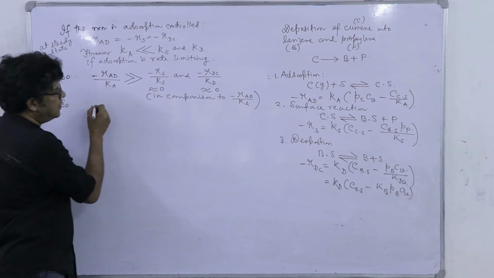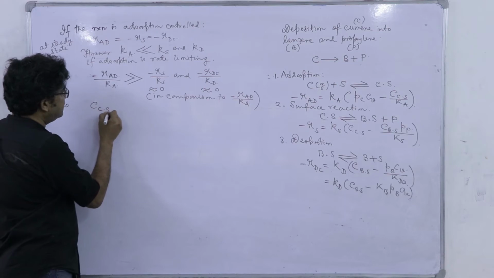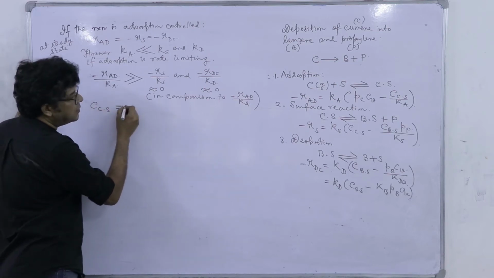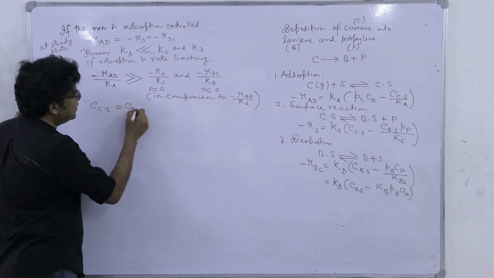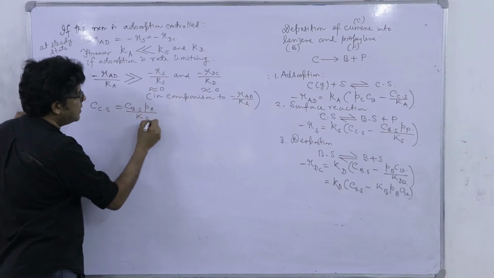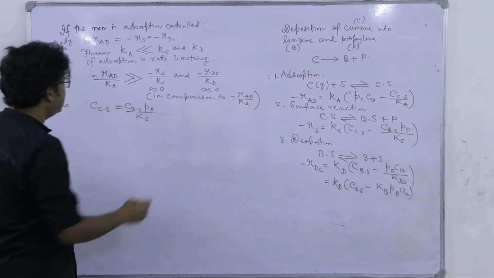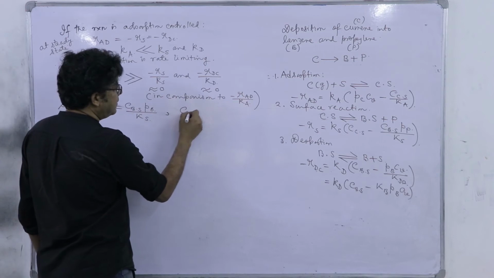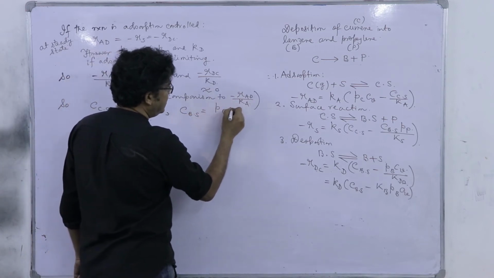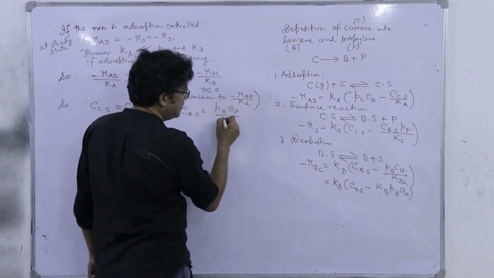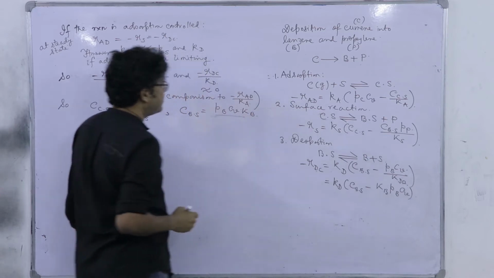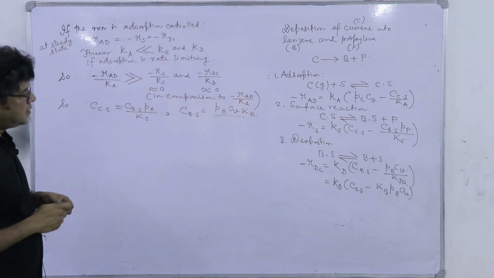So, we have C of C dot S equal to C of B dot S into Pp divided by Ks, and C of B dot S is equal to Pb into Cv into Kb.